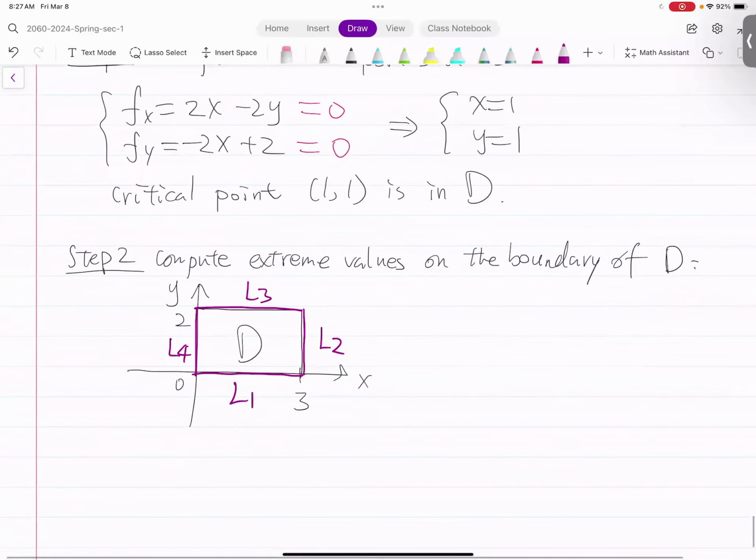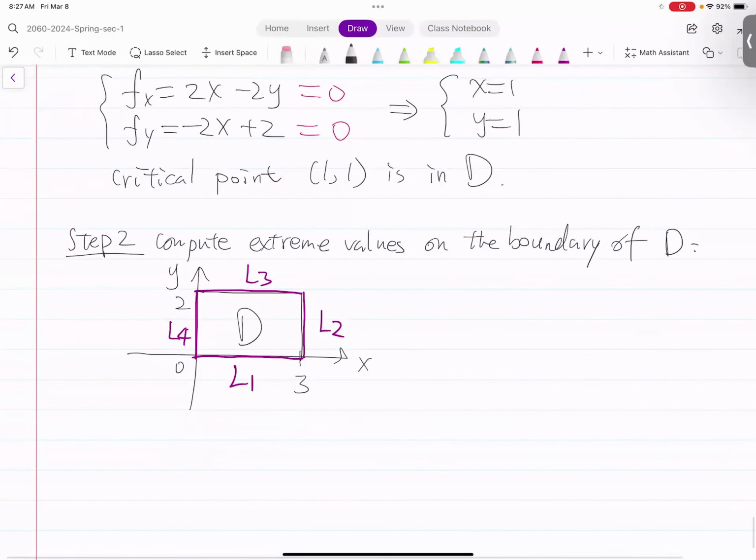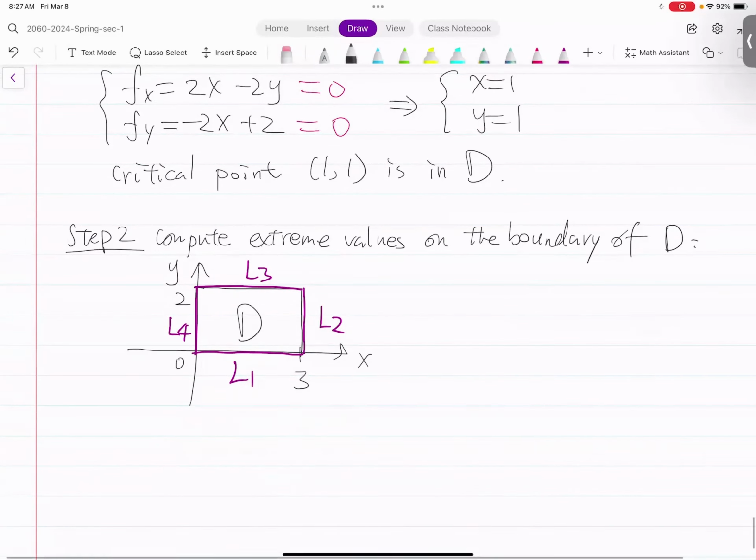So either the x value or the y value is fixed, right? So we break it up into 4 cases. Boundary L1, what do we have? Here the y value is 0, x is between 0 and 3, right?